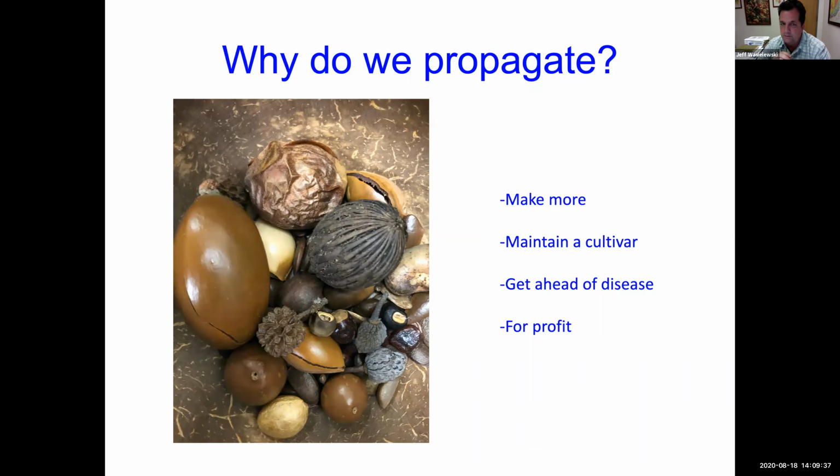Another reason to propagate is to get ahead of disease. And of course, another one is for profit, to make more and then to sell what you're going to make. So these are good reasons to propagate.